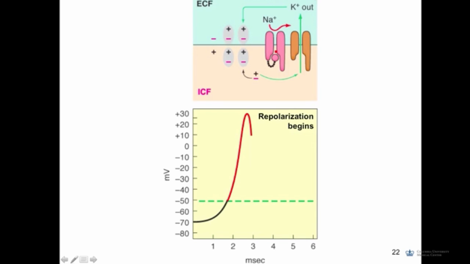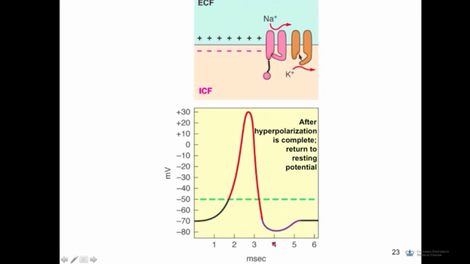Now, that hyperpolarization ensures that all of the sodium gates are capable of resetting, which means that that inactivation gate gets out of the way and the activation gate closes.